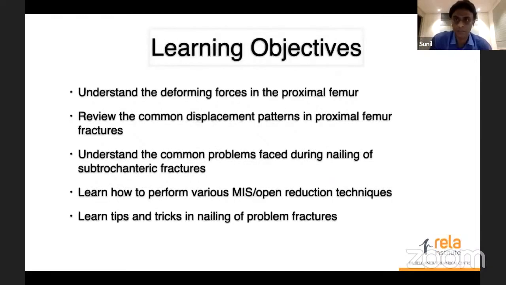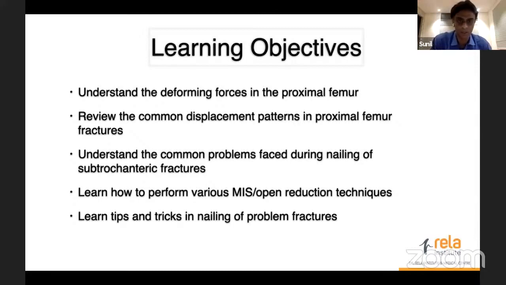So the learning objectives for this webinar would be to learn more about nailing of subtrochanteric fractures, focusing on how to understand the deforming forces that act in the proximal femur that you might have to handle when you try to nail these fractures. We will review the common displacement patterns in proximal femoral fractures in general and how they influence your surgical technique.